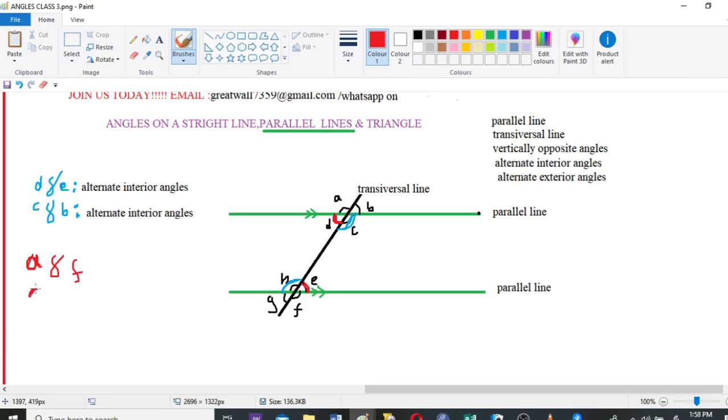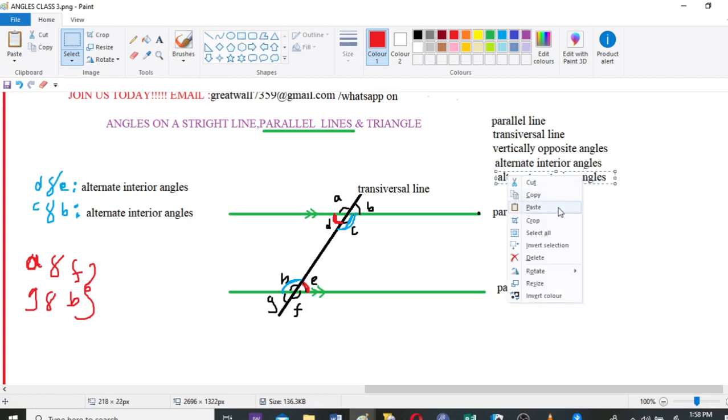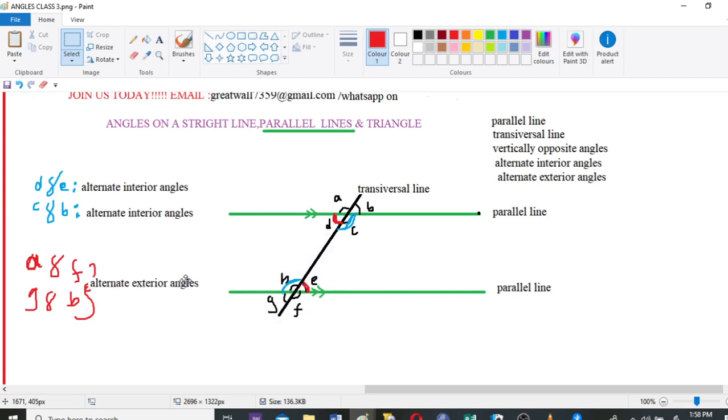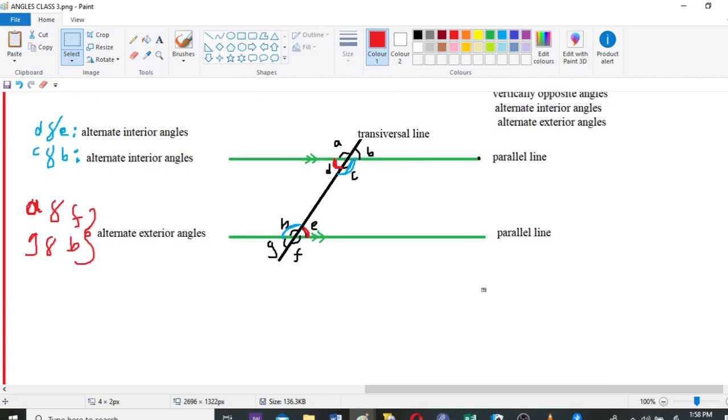So alternate exterior angles: that's angle B and G, and angle F and A. Let's just label them there. So these two angles are also equal.